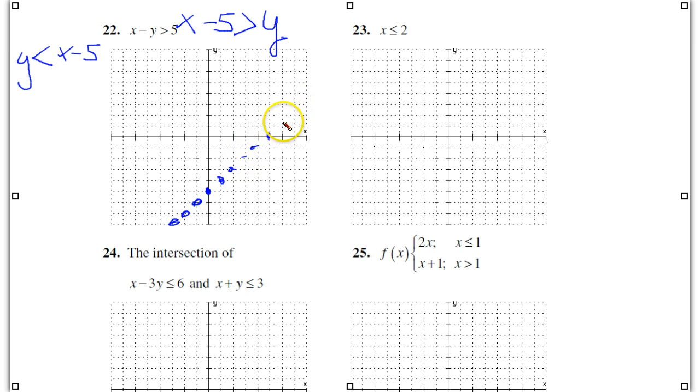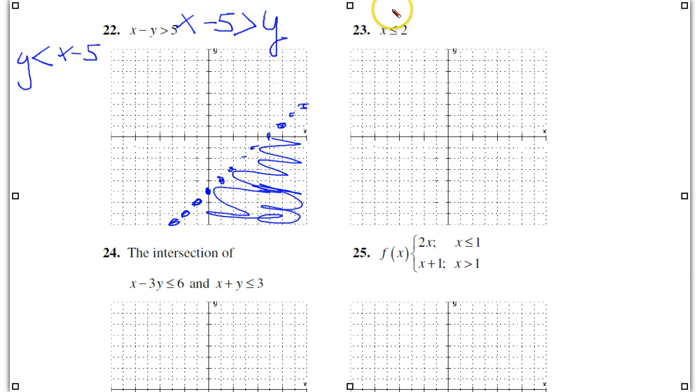That's the line of the graph here. And there is a tool for that. Now, there are a lot of other answers here, so you have to shade in part of this. And which part do we shade? Well, the general rule, anytime you have y is less than something, you shade underneath.